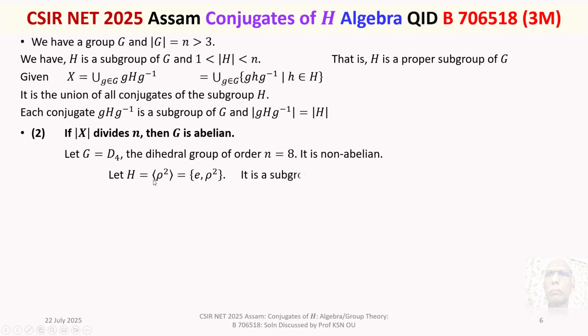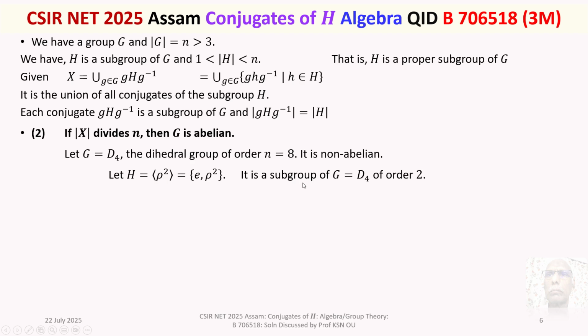Let us take H as the subgroup generated by rho square, where rho is a rotation of D4. And what are the properties of rotation? Rho power 4 is identity. So the subgroup generated by rho square consists of elements e, rho square, because rho power 4 is identity.